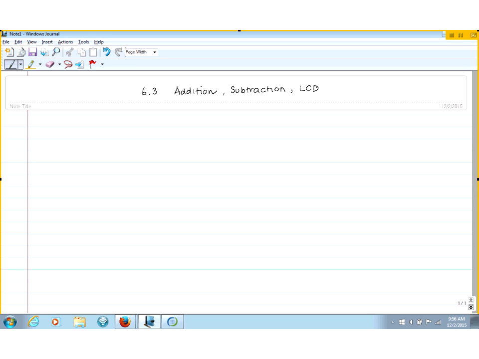So what is the LCD? Where's my notes? What is it? Least common denominator? Okay, yes, that's right. So we will start with the LCD because the addition and subtraction is simple. So if I ask you, for example, what is 1 over 2x plus 2 over 2x? Well, is the denominator the same? So we can just use it. What do you do to the top? You add them, so this is 3 over 2x.